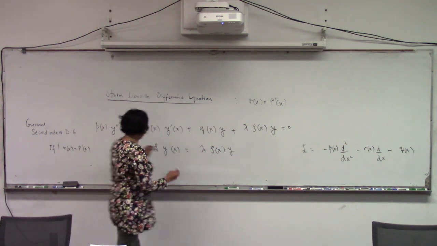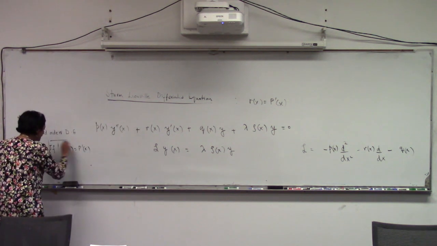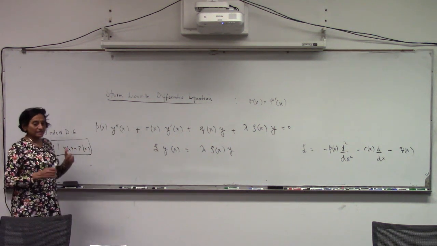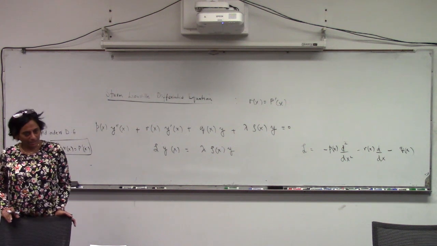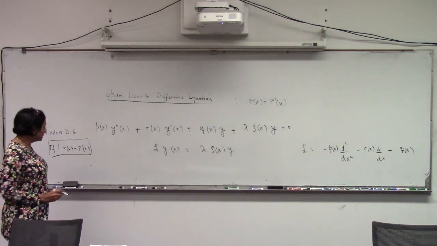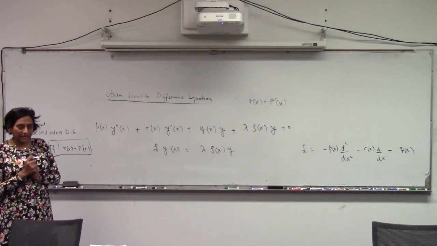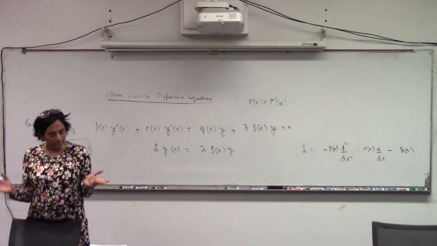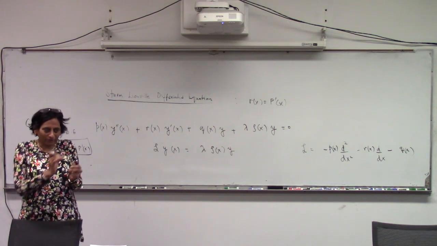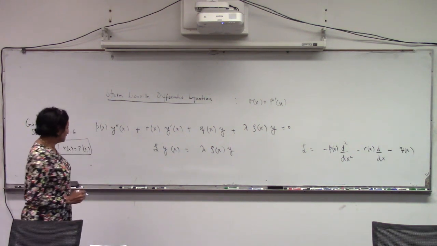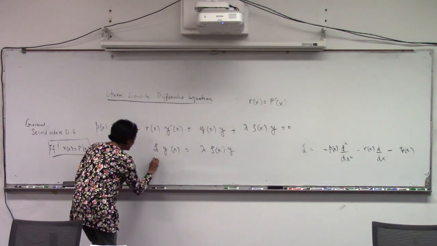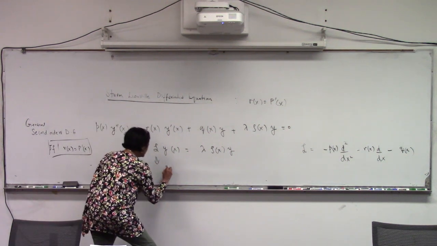But if this condition R(x) equal to P prime(x) is satisfied for a differential equation, as in Legendre polynomial, then we can say that L is a Hermitian operator. So we are going to connect with some of the matrix, linear algebra kind of thing.